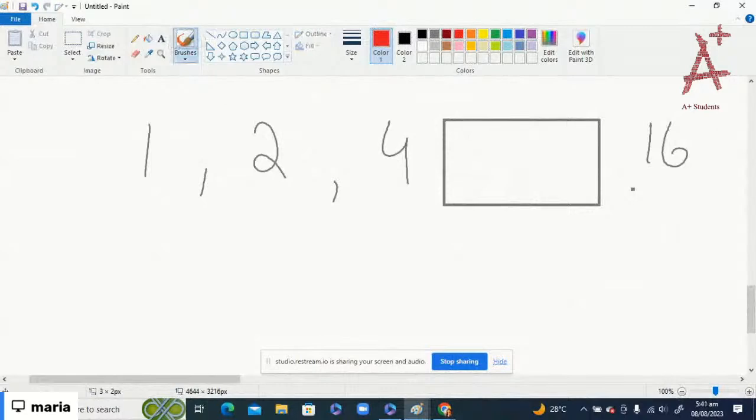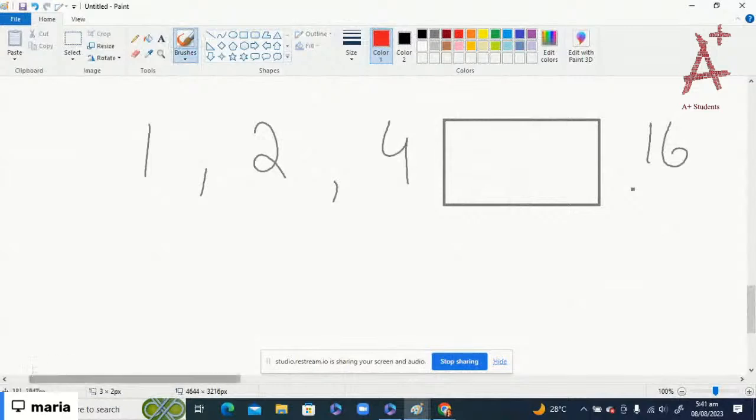The numbers are increasing, and all numbers are even numbers here.